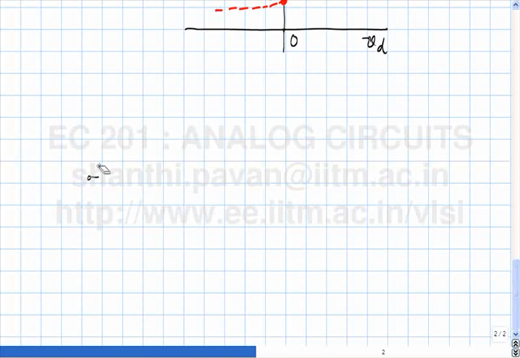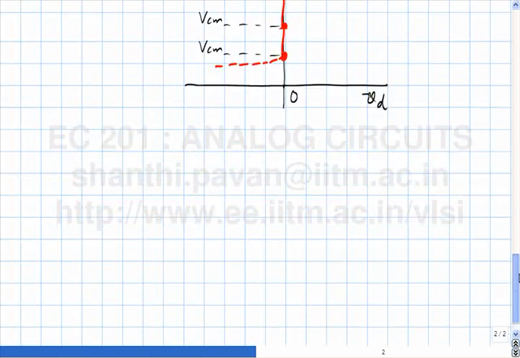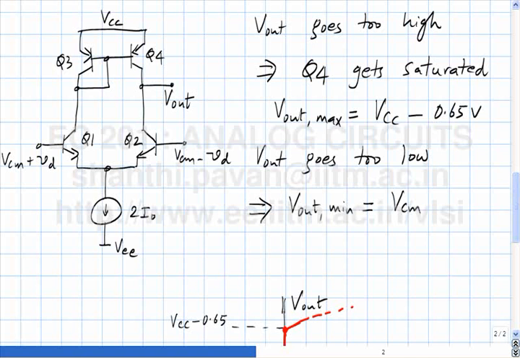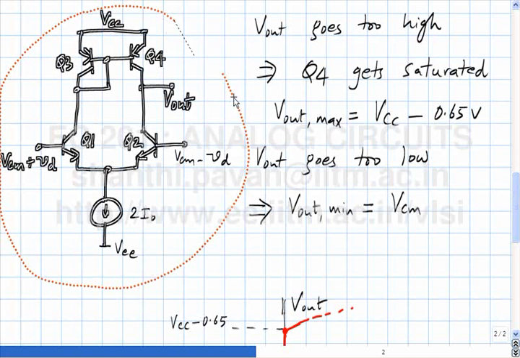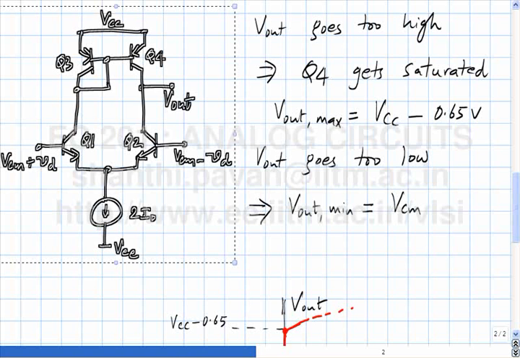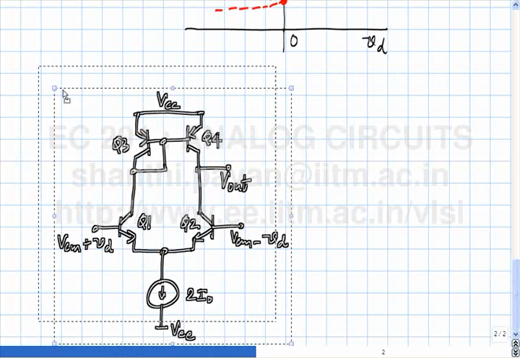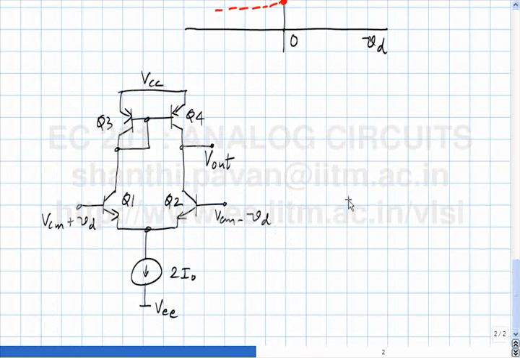Now push on to the next case. As we saw, if the ROs become very, very large, this is capable of giving you an output where the incremental output is a very large number times the incremental differential voltage.